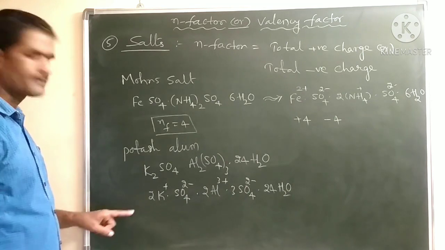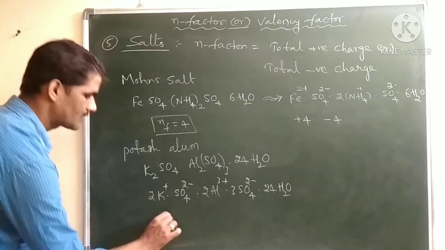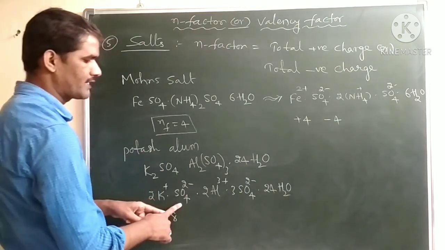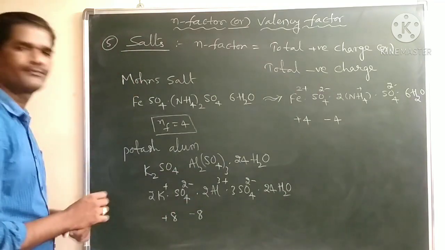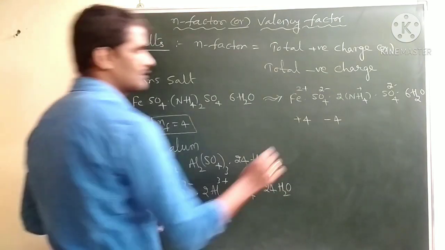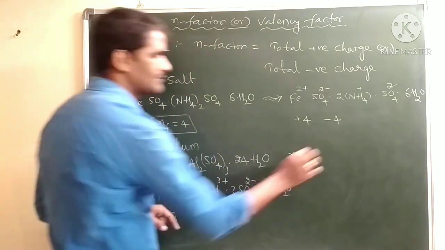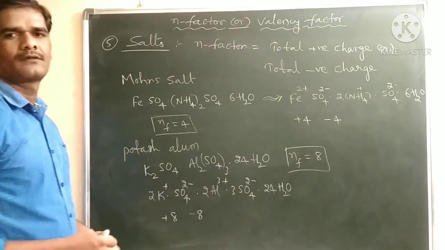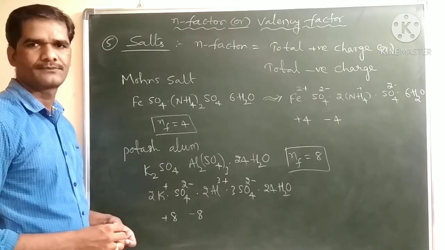Now check the total positive: 2 plus and 6 plus, total 8 positive. Negative: 2 minus and 6 minus, again 8 negative. So the N factor for potash alum is 8, whether you take positive or negative. So like this we can calculate the N factor for salts.